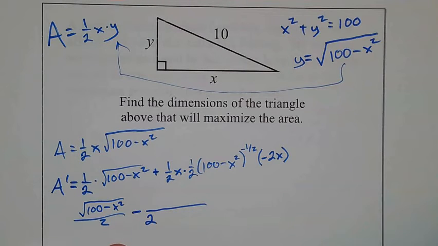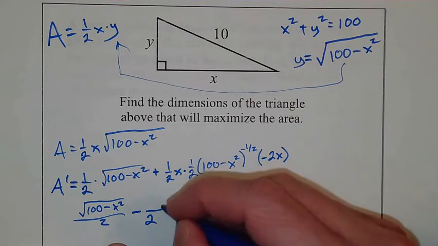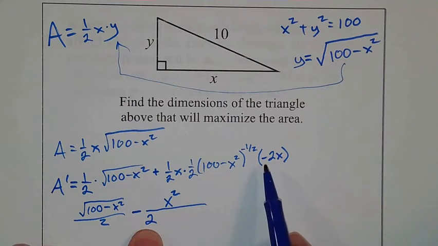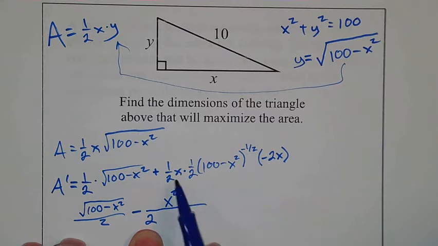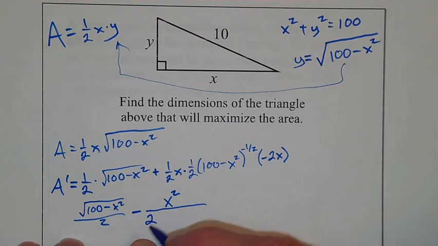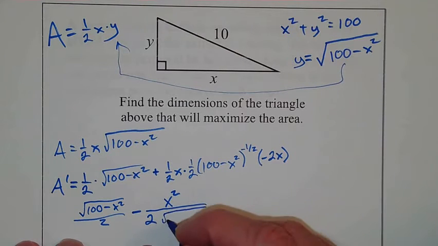The other 1/2 is going to cancel out. I've got x times x. The 1/2 and a 1/2 and a 2, that's taken care of with the 2 in the denominator. X times x, the negative. All I have left is this stuff to the -1/2 power. So let's make that a radical in the denominator.